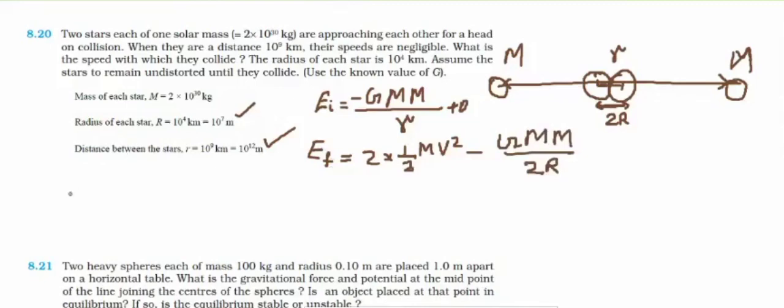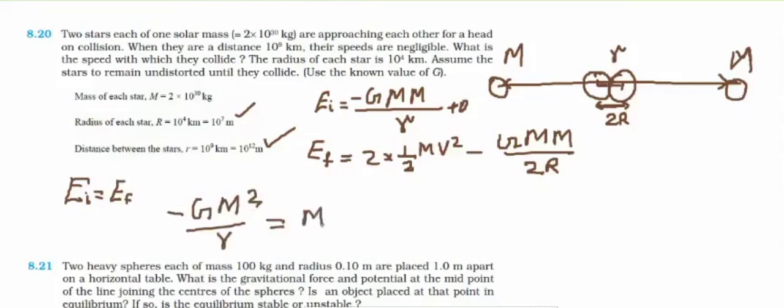Then again here also we can apply the law of conservation of energy. Total initial energy is equal to total final energy. So you will get minus G m square by small r is equal to m v square, 2 and 2 here cancel, minus G m square divided by 2r.